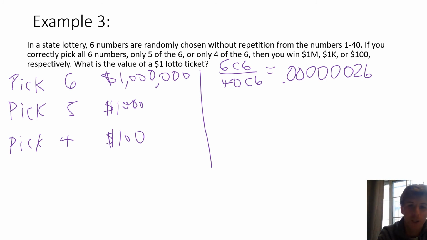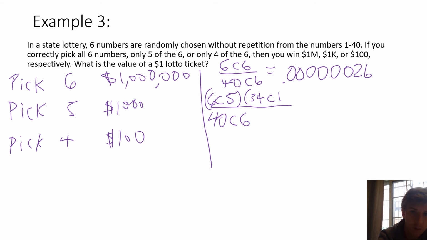So in this case, once again, same denominator. Now we need to choose 5 of the 6. And for our last number, it can be any of the remaining 34. So it'll be 0.000053.